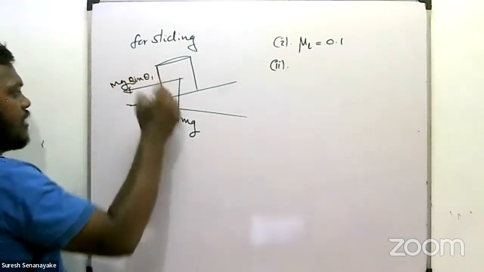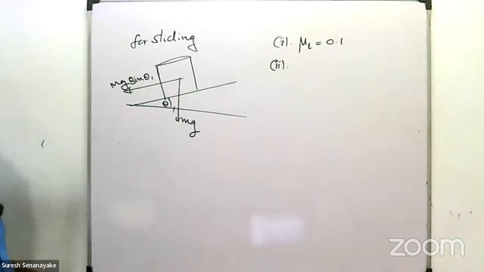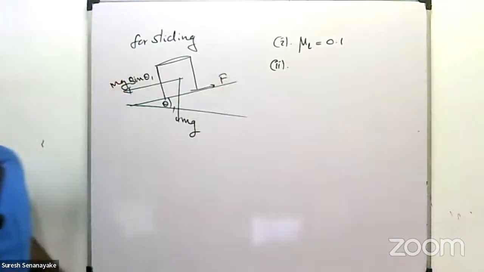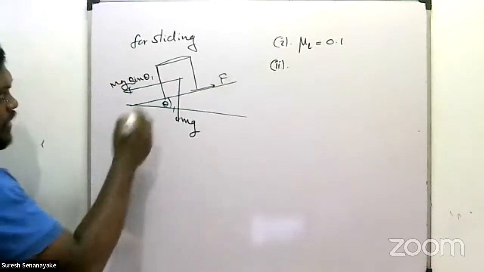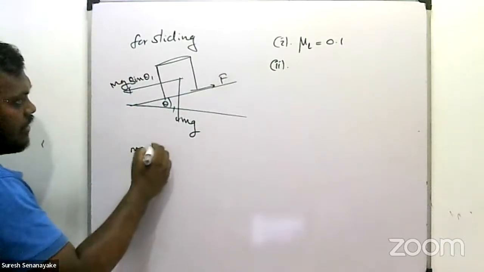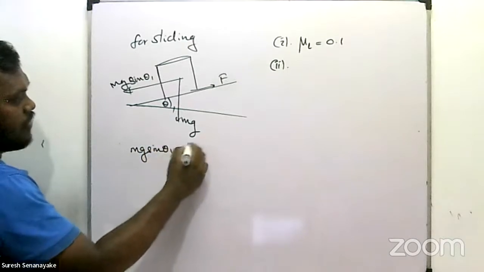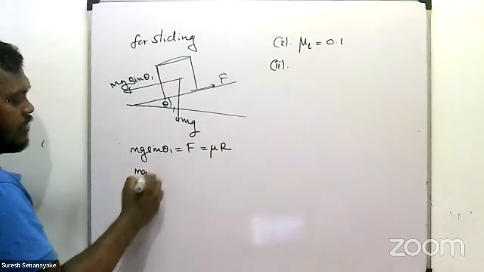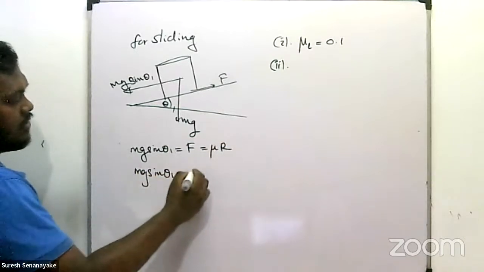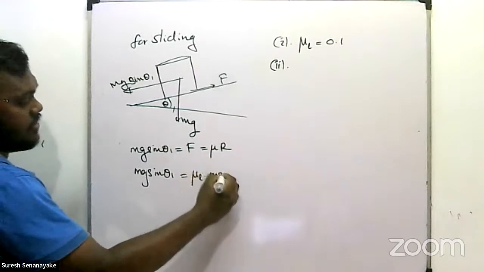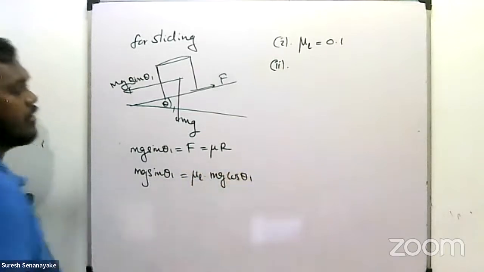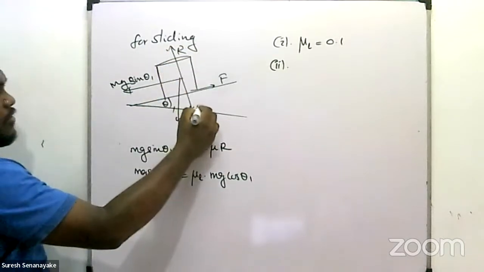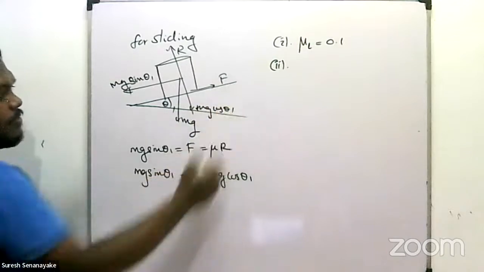Let's say in this case the angle is theta 1, that is for the sliding. There is the friction. When it starts sliding, mg sine theta 1 equals F, that is mu R. So mg sine theta 1 equals mu limiting times mg cos theta 1. Normal reaction is equal to mg cos theta.